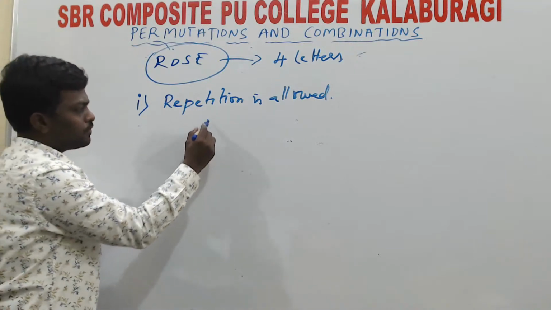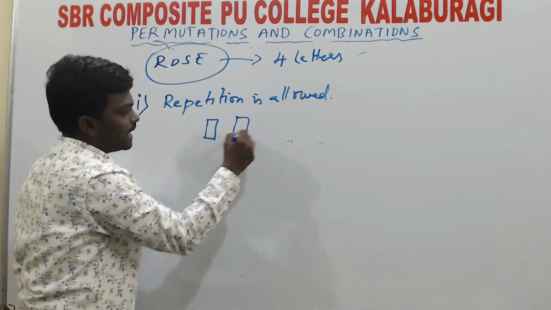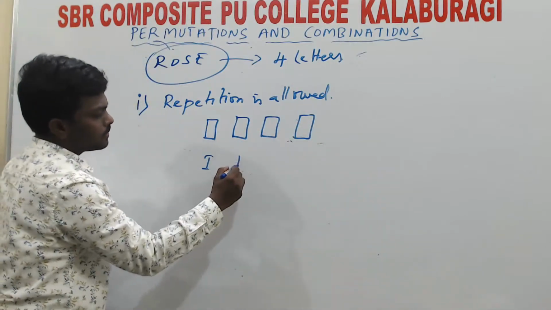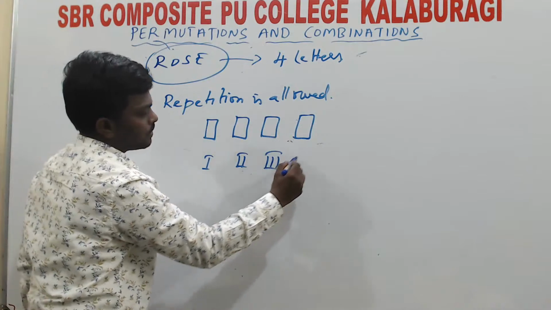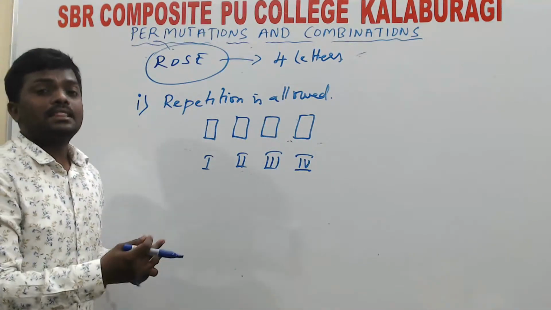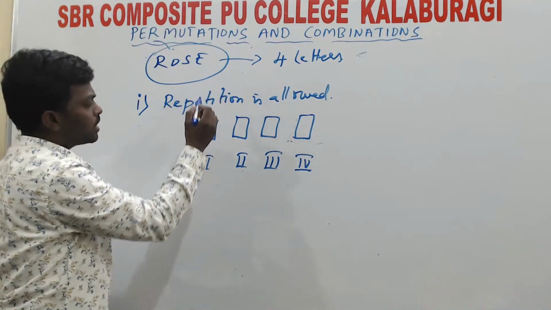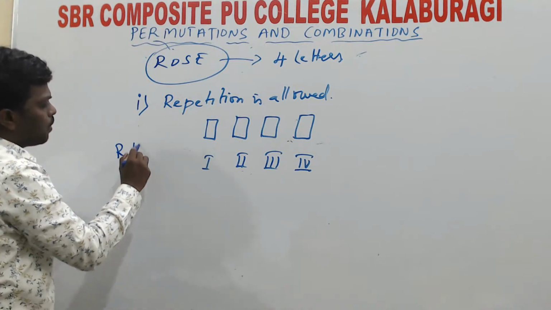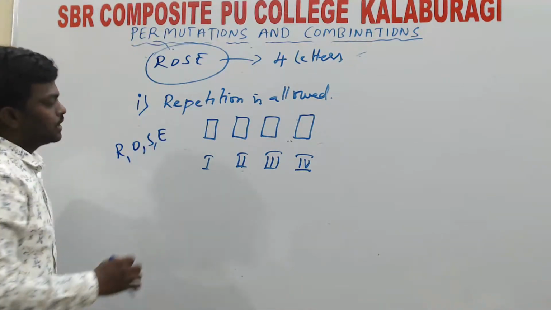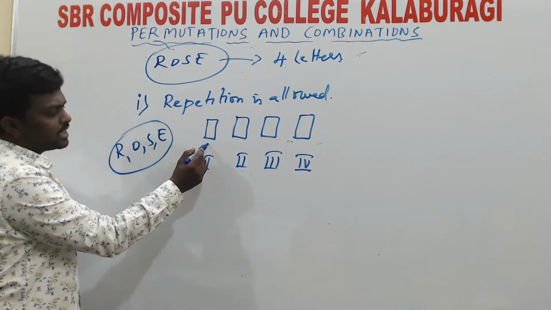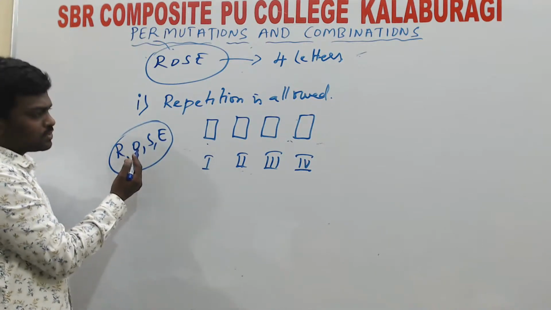So for 4 letter words, take 4 empty boxes. So we can repeat the letters here. So what are the letters? R, O, S, E. To fill the first place, how many options do we have?